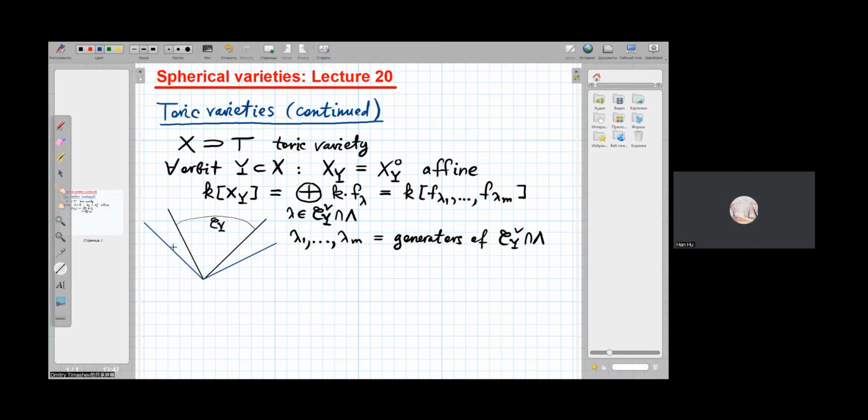So this is the dual cone C_Y check. And the lattice vectors in this dual cone, let me mark them by dots. So the origin, of course, and the other vectors. There are plenty of them here, here, here. I don't want to draw all of them, but just some.